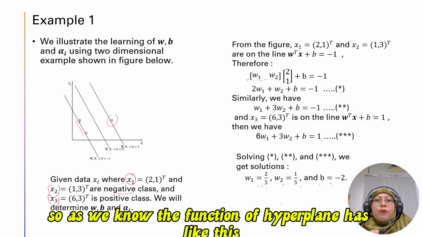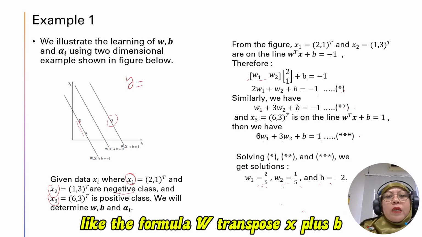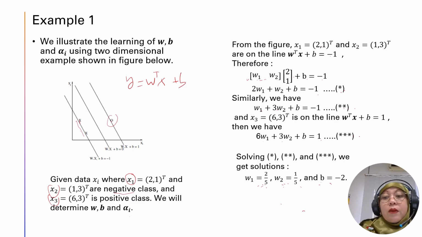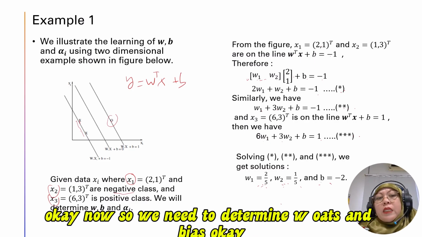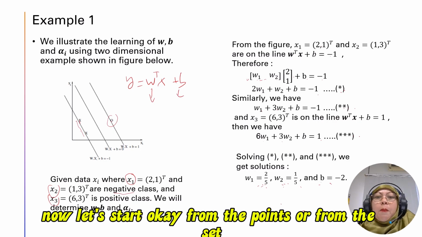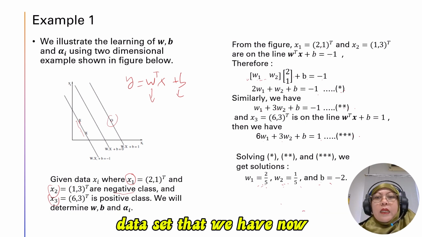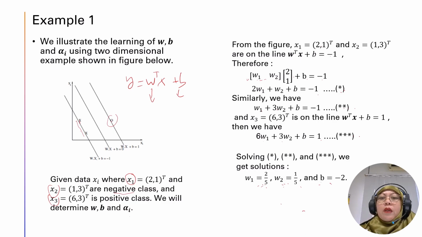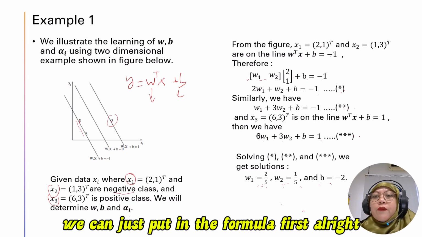As we know, the function of the hyperplane is the formula W transpose X plus B. So we need to determine W, the weights, and B, the bias. Let's start. From the data set that we have, we can just put the points in the formula first.